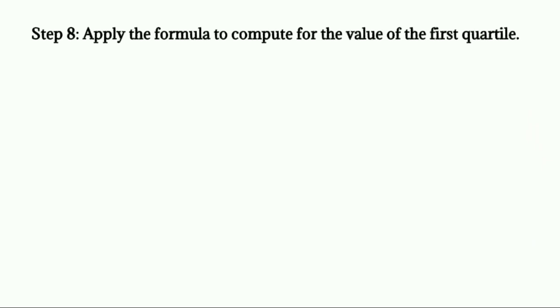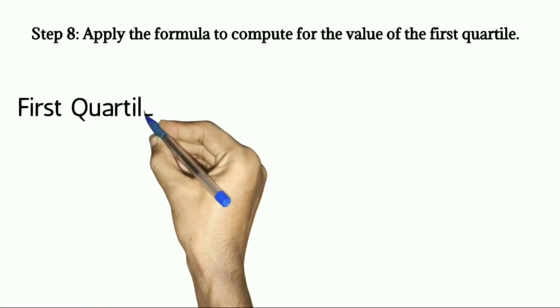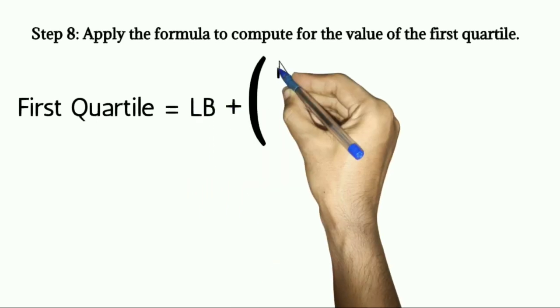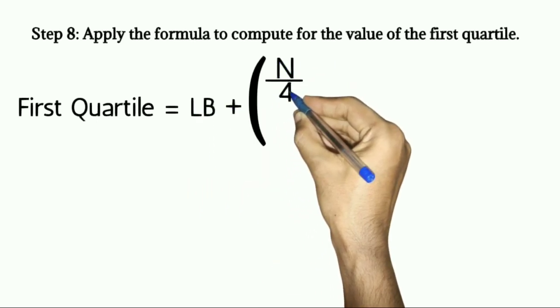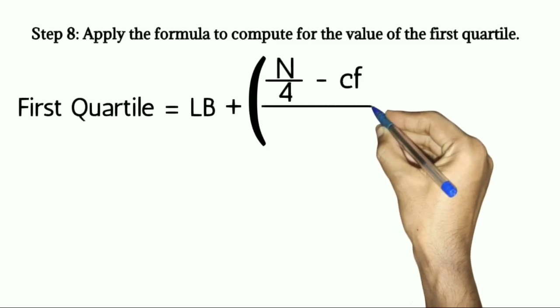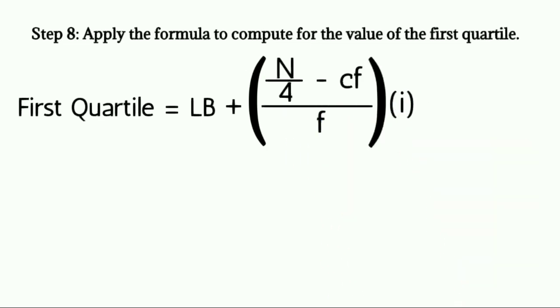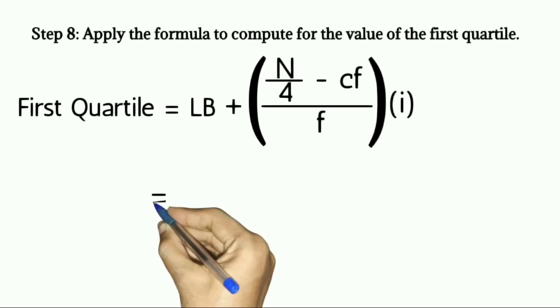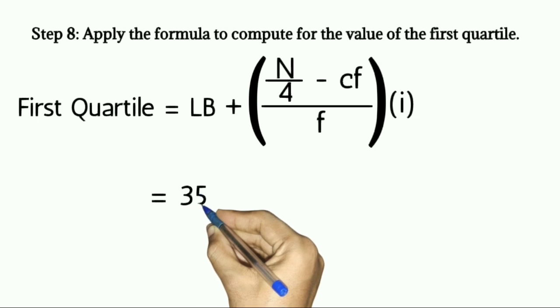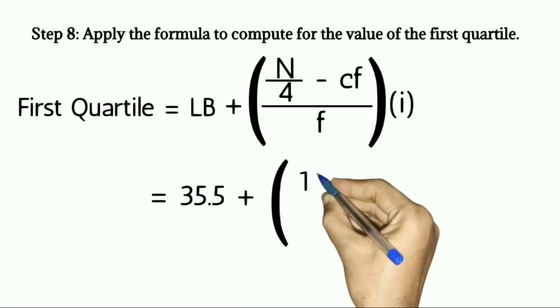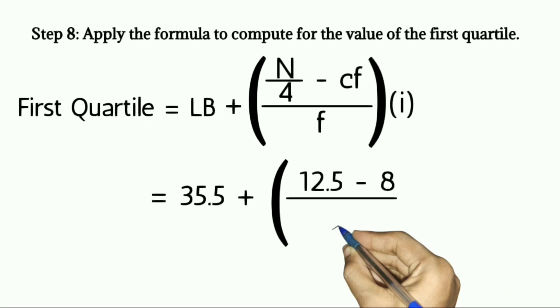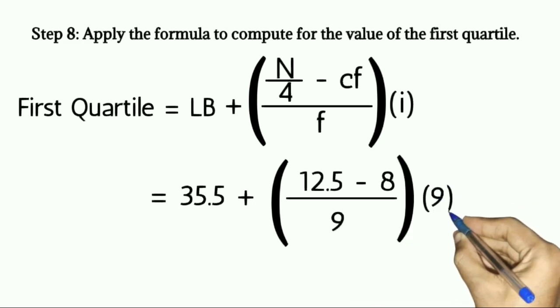The formula is first quartile is equal to LB plus N over 4 minus CF divided by F times I. Kanina, na-compute na natin yung N over 4, that is equal to 12.5. Let's now substitute the values. The first quartile is equal to 35.5 plus 12.5 minus 8 over 9 times 9.